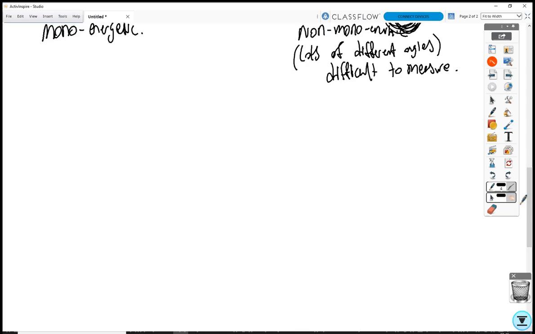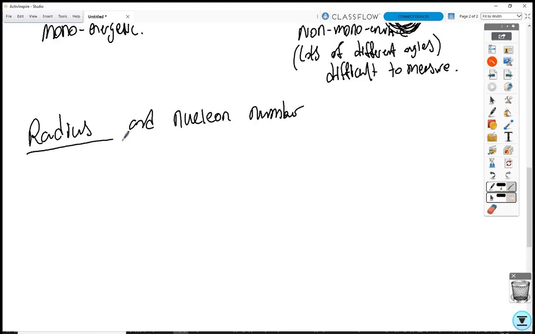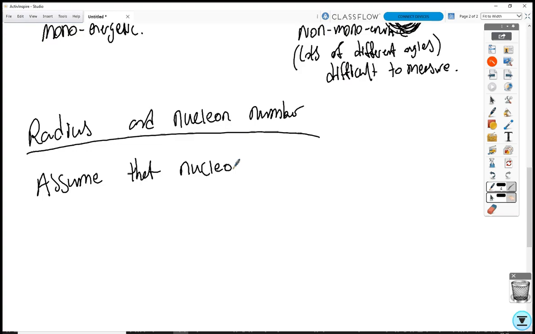At very, very small volumes, the volume of the cube and the sphere are almost the same, so they roughly occupy the same volume. So let's look at radius and nucleon number. Let's assume that nucleons occupy space like a cube.